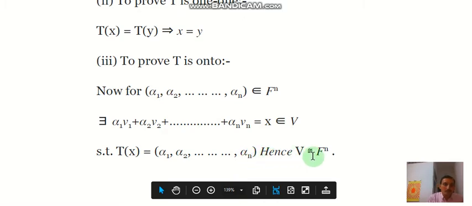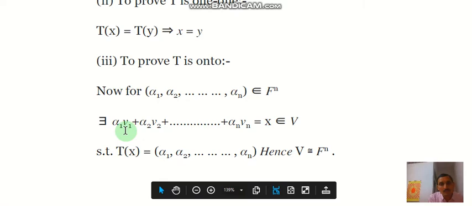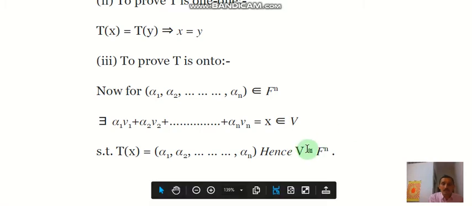Hence, for any element of Fn, we have shown the pre-image x, that is, there exists such an x, therefore this mapping is onto. And so we have proved all three conditions for the isomorphism. Therefore these two vector spaces V and Fn are isomorphic.